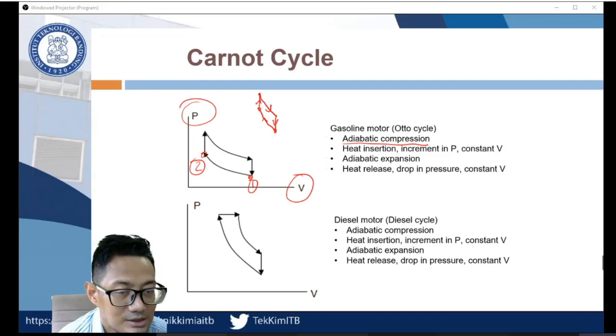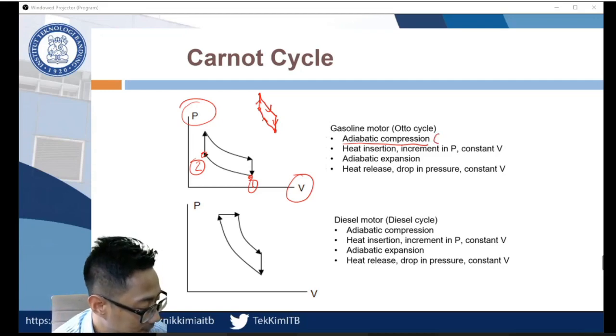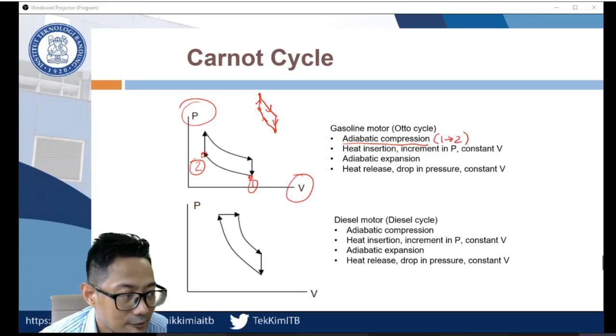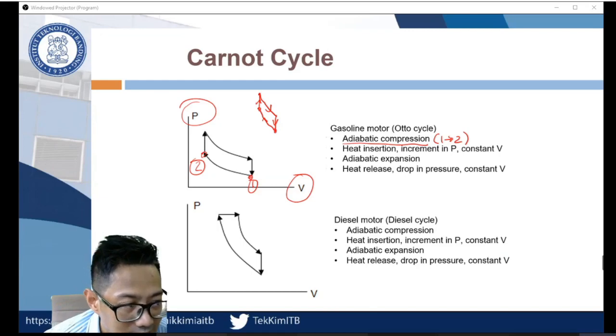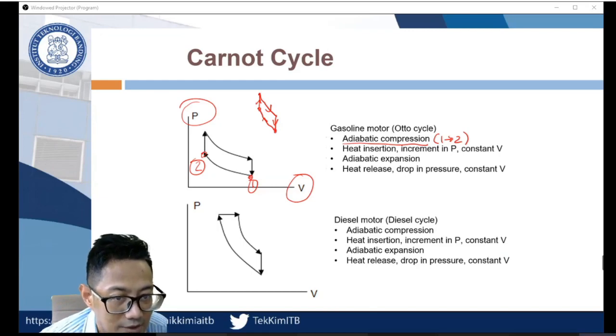What is the issue from state 1 to state 2 for adiabatic compression? Is it heat absorption?